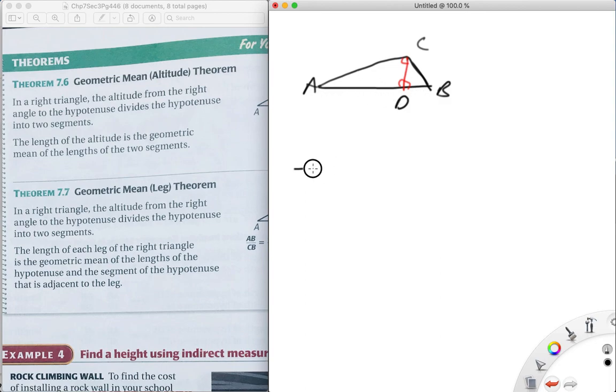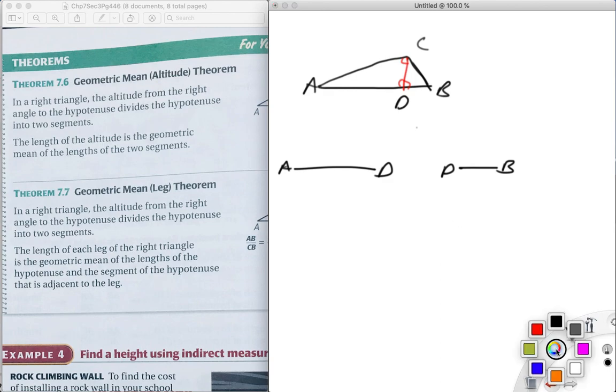We have segment AD, which is the bigger segment that has been cut, and we have segment DB, and we have this altitude, CD. The altitude is going to be the mean. So it says the length of the altitude is the geometric mean of those segments.